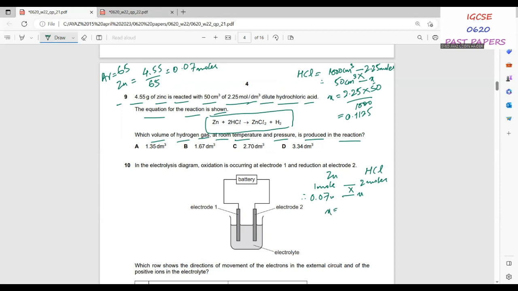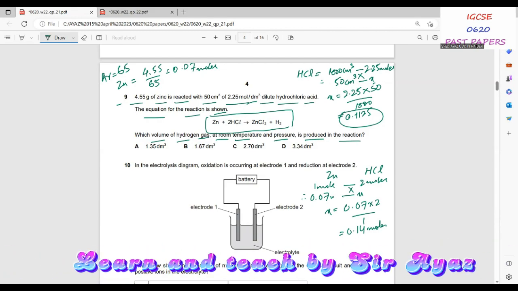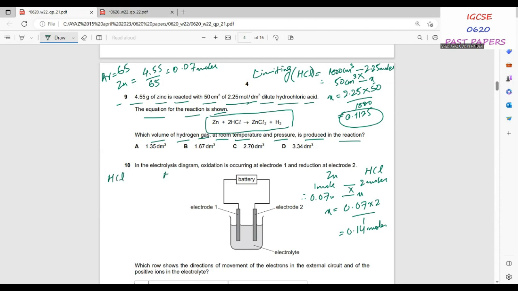X is equal to 0.07 multiplied by 2 divided by 1, which is 0.14. This is more than the moles of hydrochloric acid we have, which means that hydrochloric acid is the limiting reactant here. HCl is the limiting.